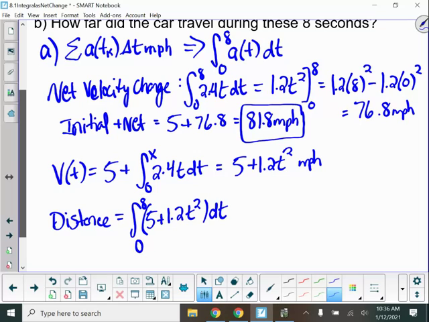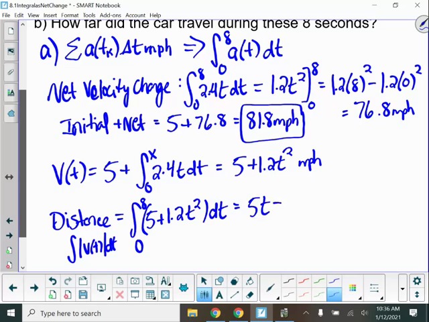My bounds are 0 to 8. So that's what I'm going to be using there. Now, typically, you would be looking at the integral of the absolute value of velocity. But because this car is not turning around, it's only traveling in one direction, and that's a positive direction, I don't have to worry because this is never going to be negative from 0 to 8.